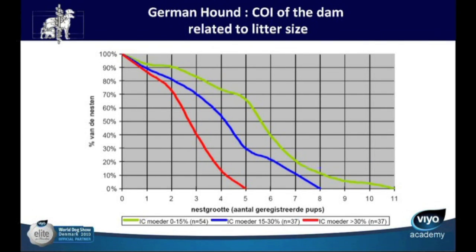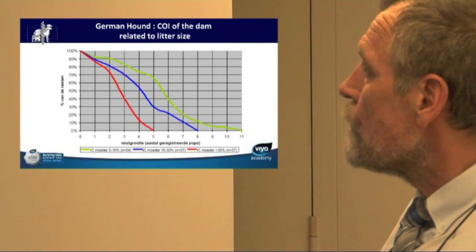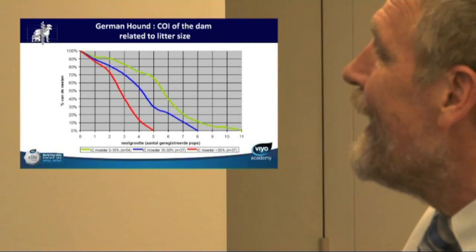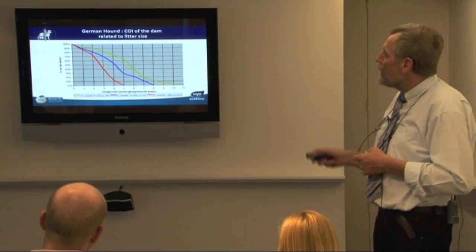Well, in the highest group, we see that only 30–40% of the animals gets litters of 3 pups, weaned pups or more. If you look at the lowest group, then you see that 80–85% of the animals has litters of 3 or more.